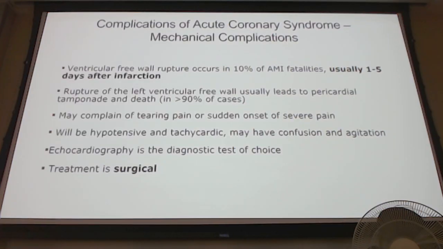These patients may have that tearing chest pain. It's usually sudden onset and severe, and most of them are going to be sick, hypotensive, and tachycardic. This is one we get an echocardiogram for, and they'll likely need some sort of cardiothoracic surgery to evaluate it.